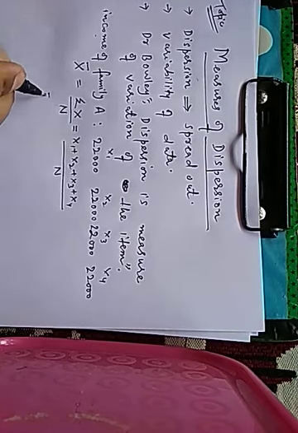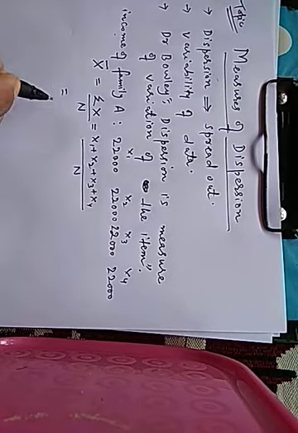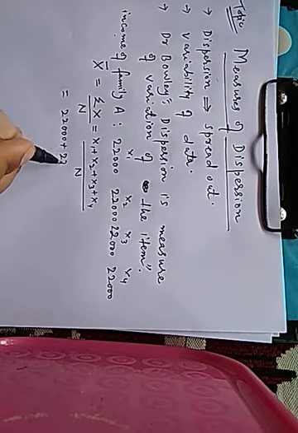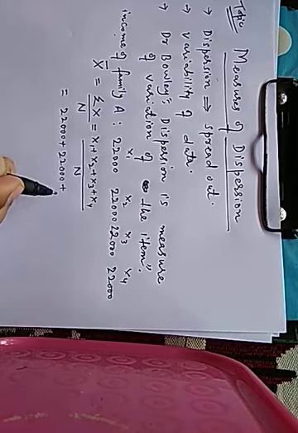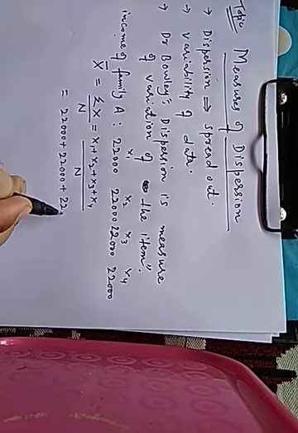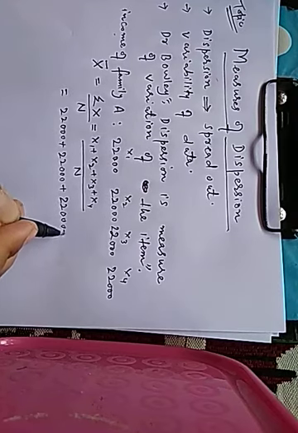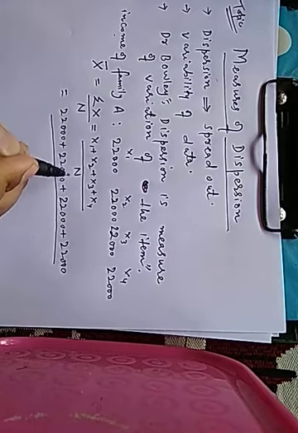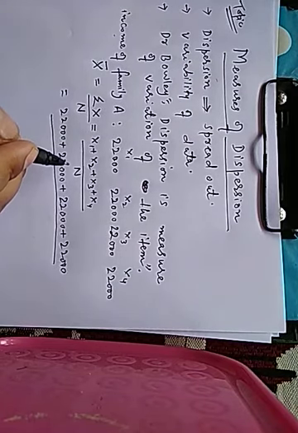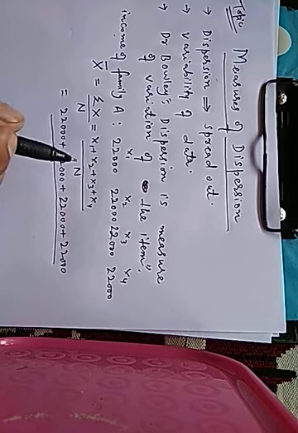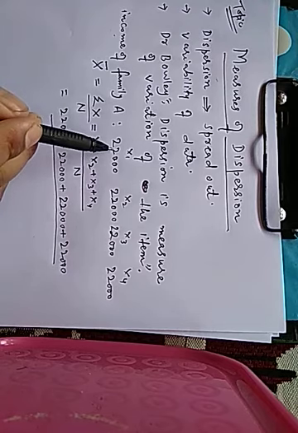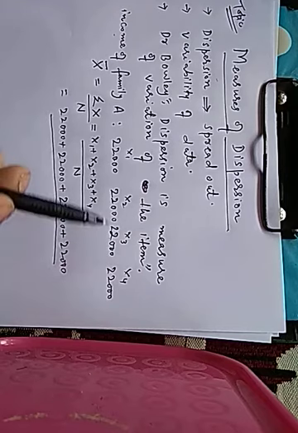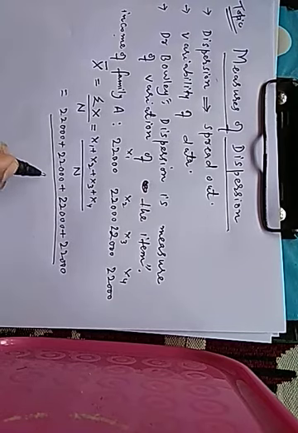It will be equal to x1 is 22,000, x2 is also 22,000, x3 is 22,000 and x4 is also 22,000, divided by n. N means the number of observations, number of items in a given statistical series. And these are 1, 2, 3 and 4, income of 4 persons in a given family.